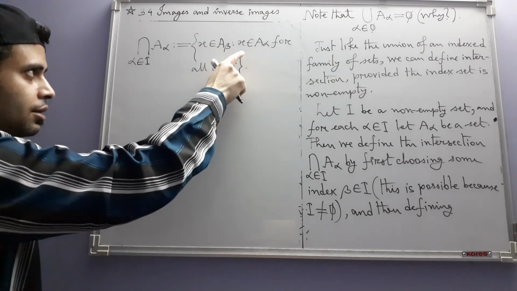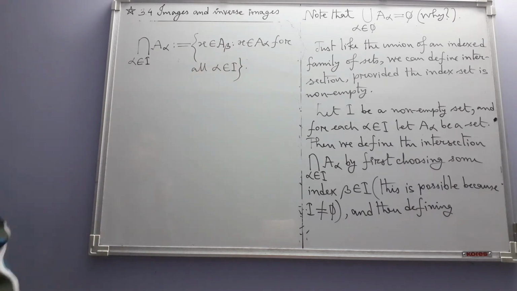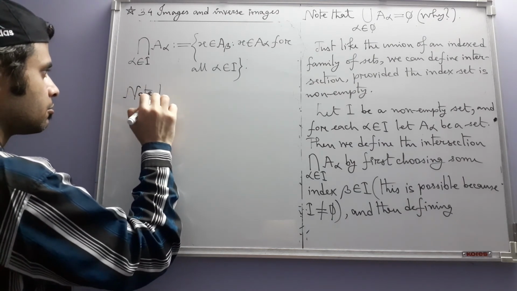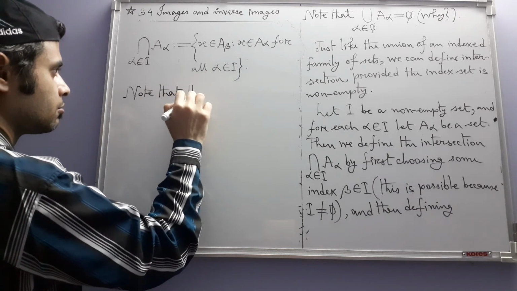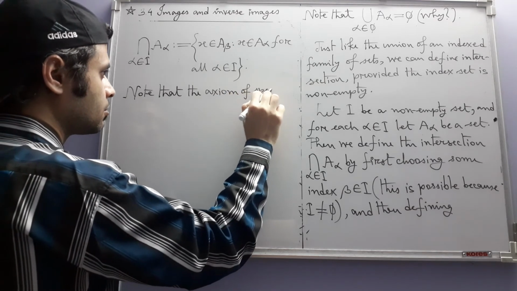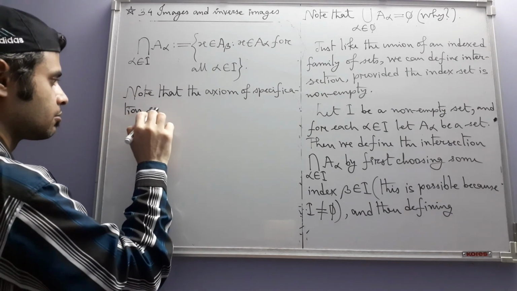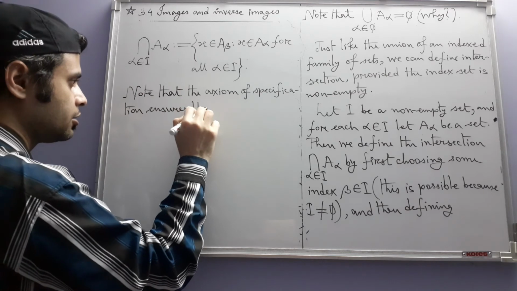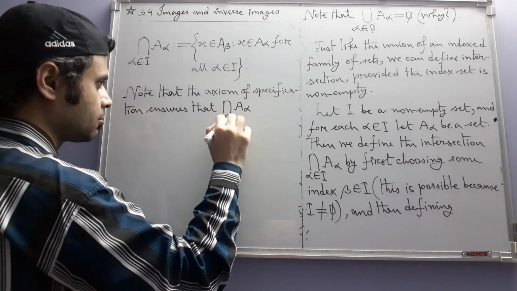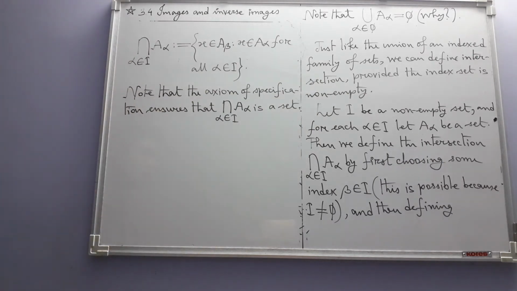It consists of those elements that belong to not just A beta but every A alpha for alpha belonging to I. So, note that the axiom of specification ensures that this is a set. Set means a well-defined legitimate set.